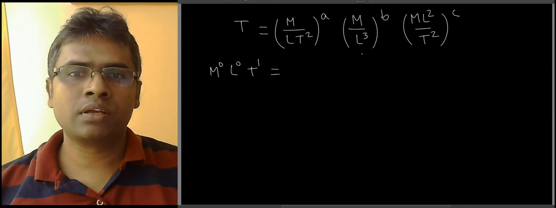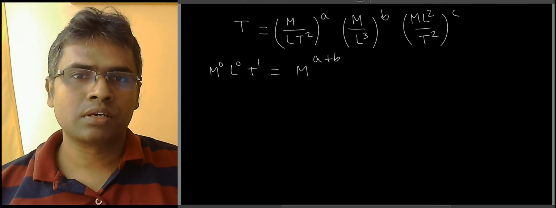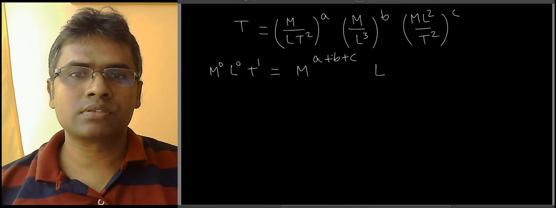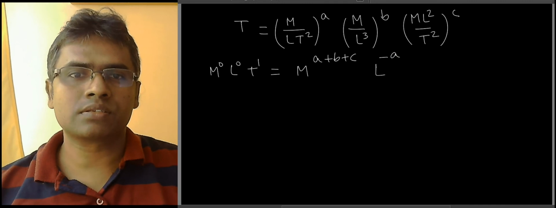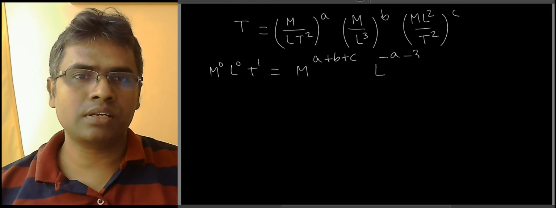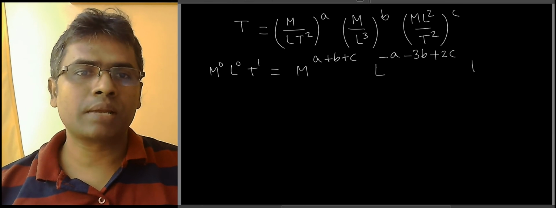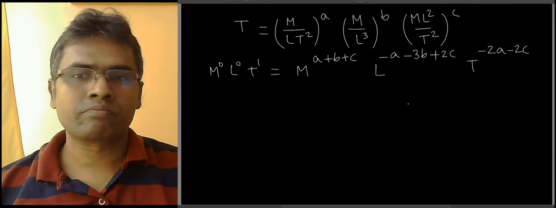On the right hand side, if we group the mass dimensions together, we get M to the power A plus B plus C. For the length dimensions we have minus A, and then B has 3 in the denominator, so if it goes upstairs, that's minus 3B, and then plus 2C. And for the time dimensions, we have minus 2A and then minus 2C.